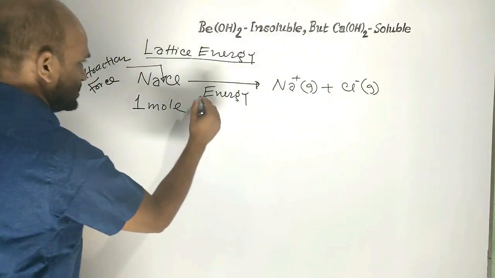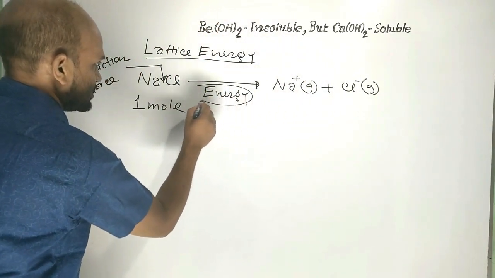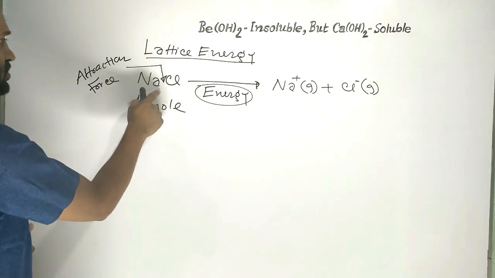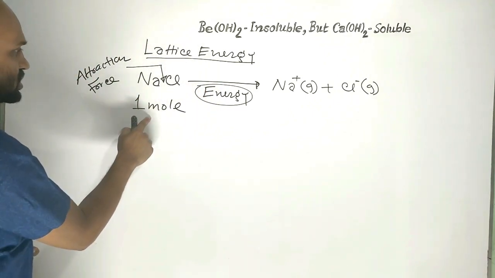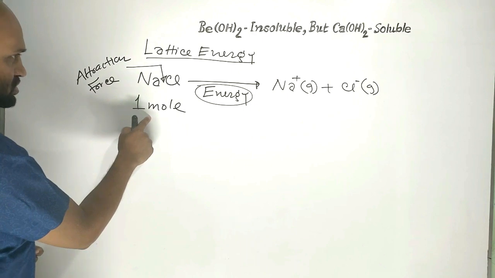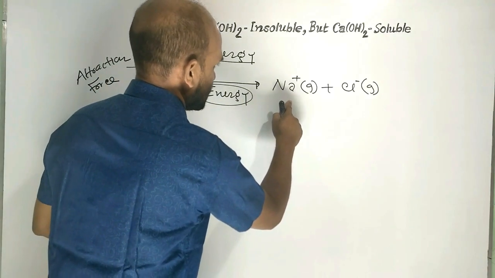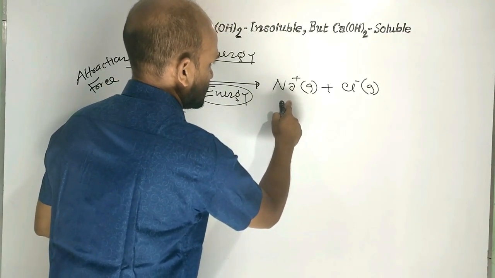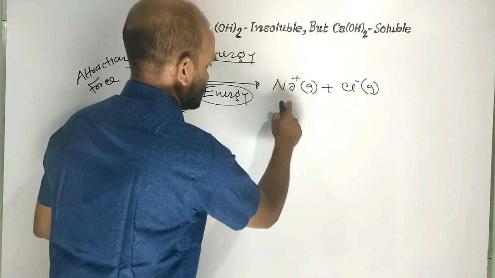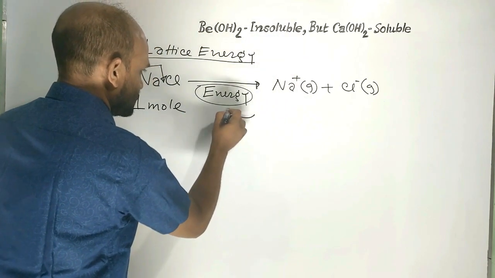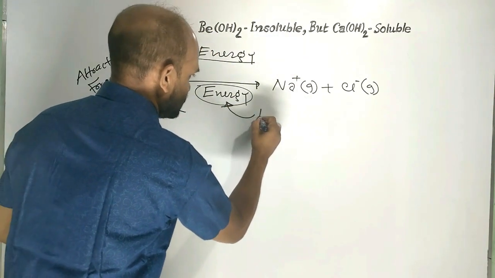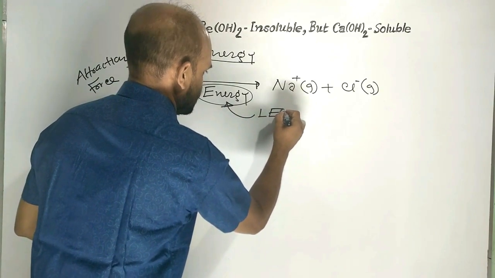The energy that is required to convert 1 mole solid ionic compound into constituent gaseous ions is called lattice energy.